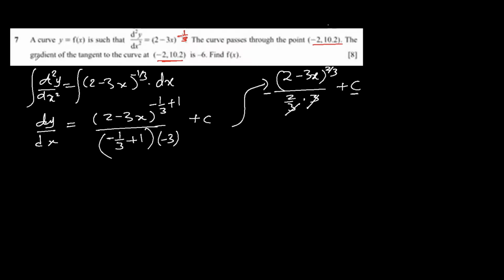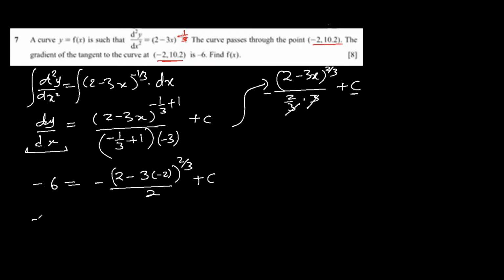They have given that the gradient of the tangent to the curve is minus 6 at this point. In the previous question also we said the same thing. So minus 6 is equal to minus (2 minus 3x) to the power 2/3 over 2 plus c, where x is minus 2. And we can find c this way.